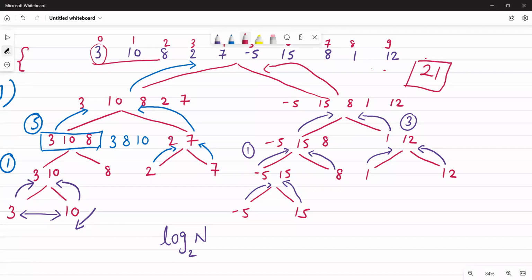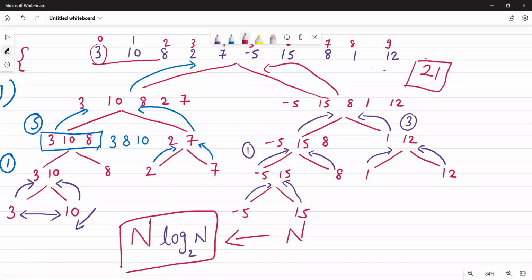Then with 10, we are again doing the same thing. With 8, we are doing the same thing. With 2, we are doing the same thing. So in the worst case, it is going up to n times. Yes or no? Yes. Hence, it is reducing our complexity slightly, from n square to n log n.